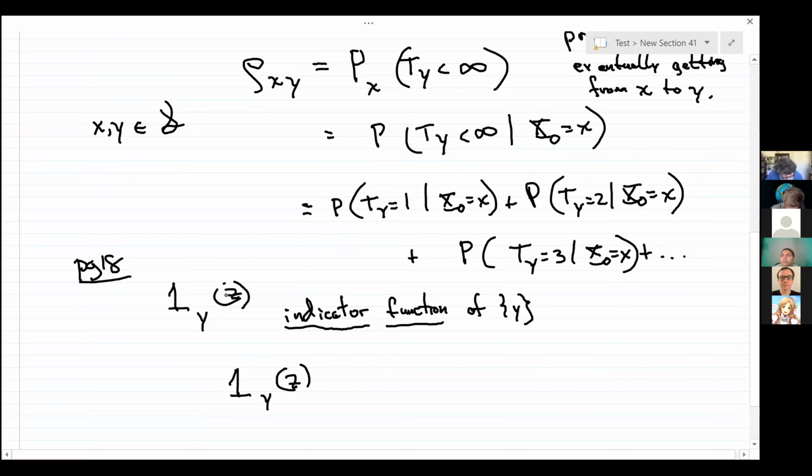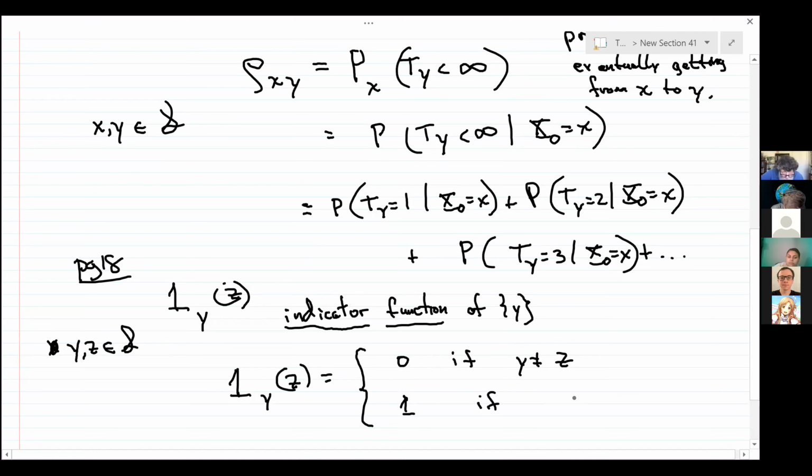And in this scheme, y and z are things in the state space. y and z are states. And this function is equal to 0 if, in slightly different order than they have, y and z are not the same state, and it's equal to 1 if y and z are the same.